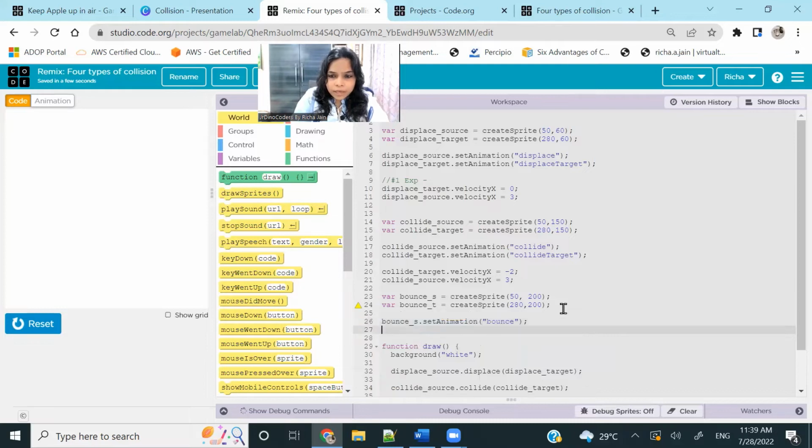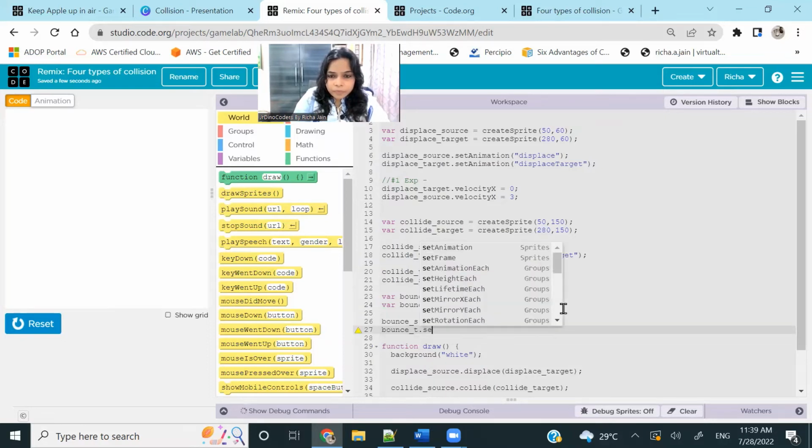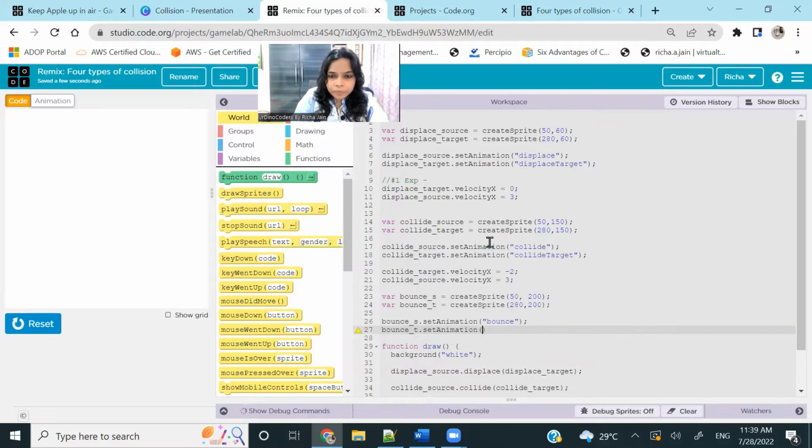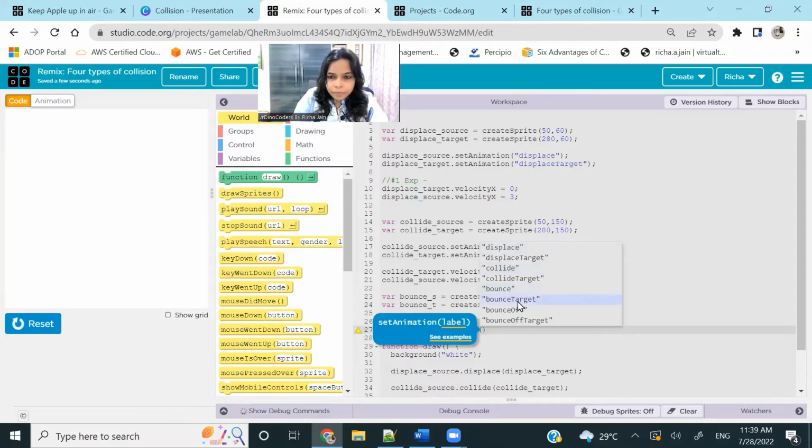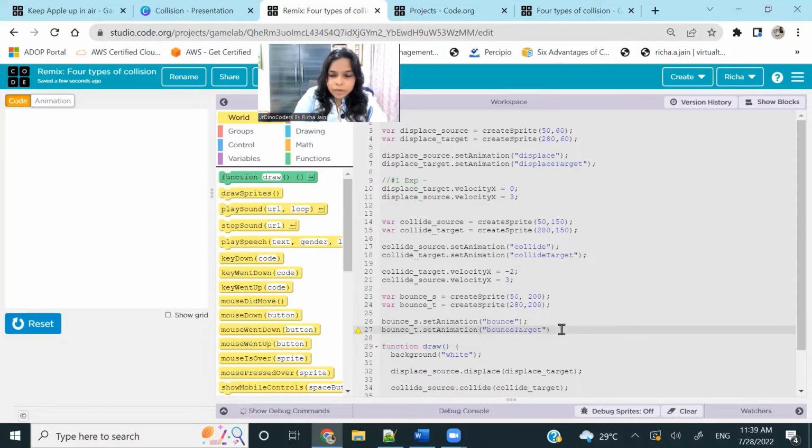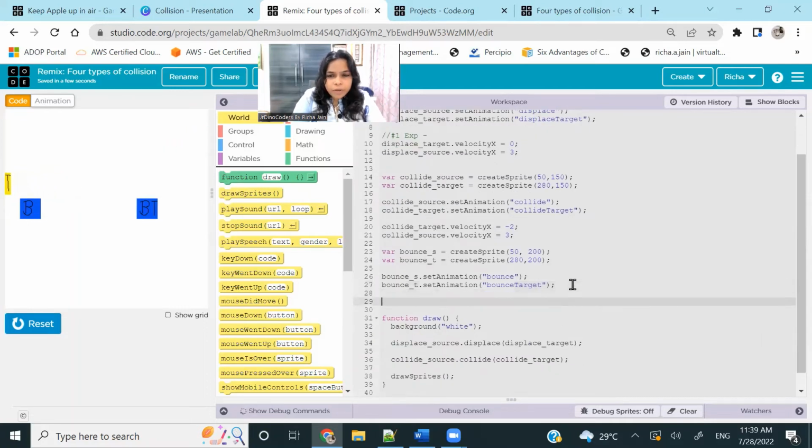Bounce and bounce target, which I have already created in the same fashion. Let's see where they are created. Yes, these two are created. Bounce and bounce target. Let's give them some velocities.